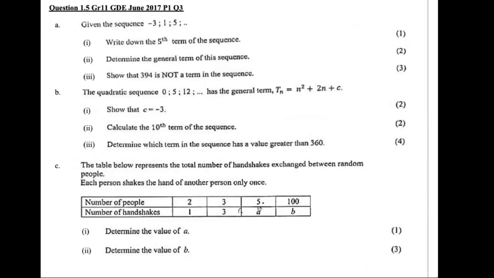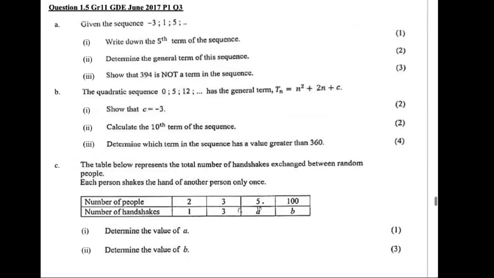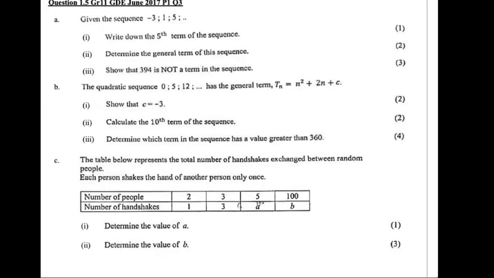Question 1.5. Given the sequence -3, 1, 5. Write down the fifth term, determine the general term, and show that 394 is not a term. All right, so let's just think about what they're asking us here.